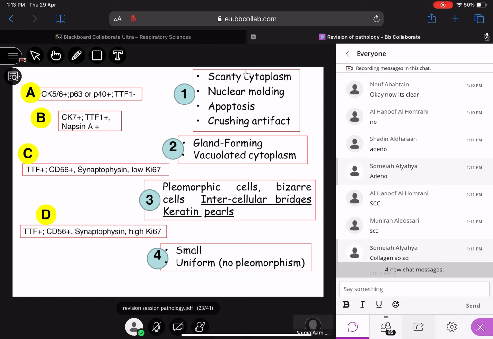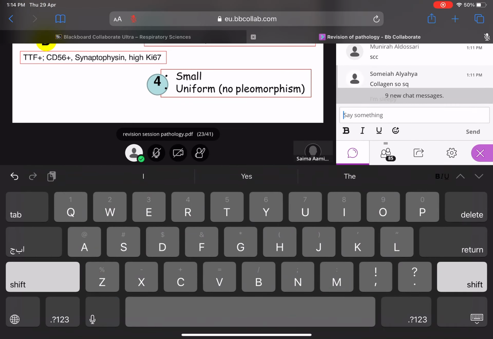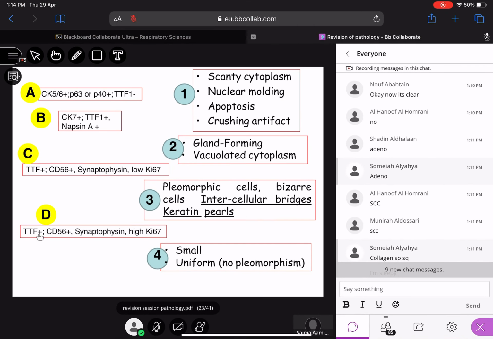Tumor number 1: scanty cytoplasm, nuclear molding, apoptosis, and crushing artifact. D. Okay. Yes, you're right. So the features are going with small cell carcinoma. Absolutely right, Haifa. And you have TTF1 positivity, neuroendocrine markers are positive, and it has a high Ki67 index.